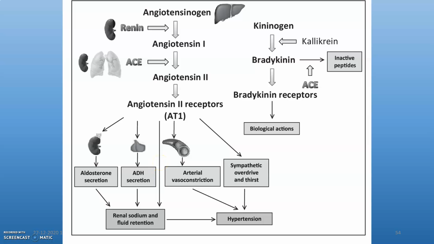That will lead to aldosterone secretion and ADH secretion, arterial vasoconstriction. So what happens? Hypertension. What if we take a renin blocker? Renin will be blocked at this stage. So what happens? Angiotensin will not form and there will be no tensive action on the vessels. That is, the vessels will not be tensed.